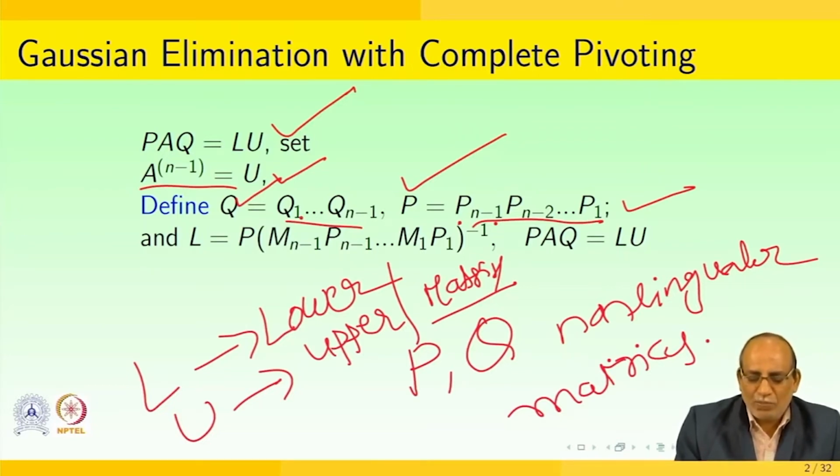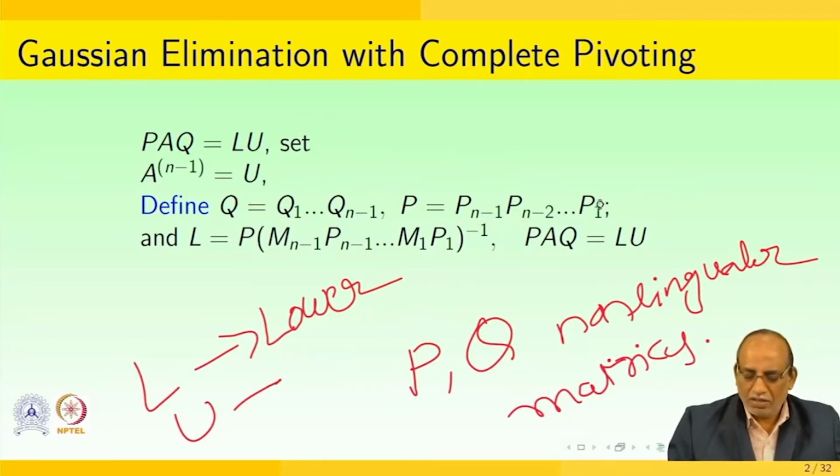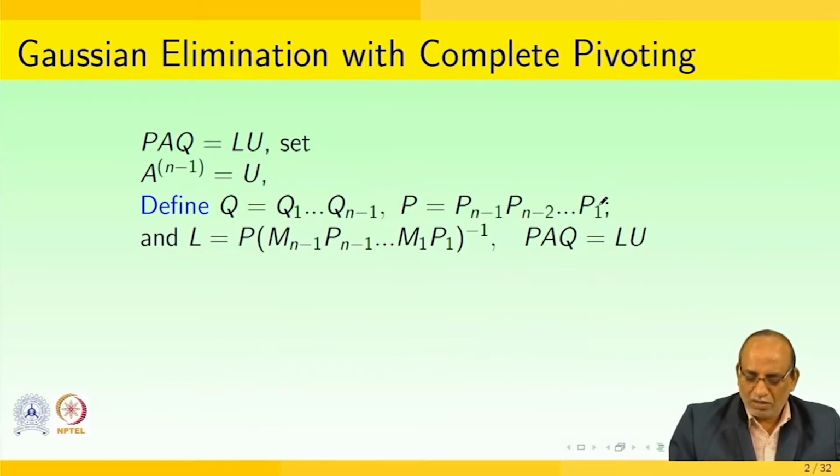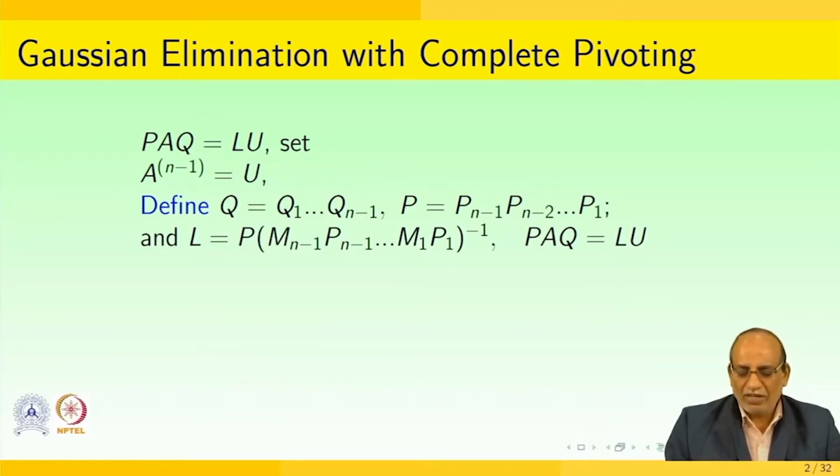The matrix L is P times M_{n-1} P_{n-1} ... M_1 P_1, raised to the power minus 1, and PAQ is equal to LU.